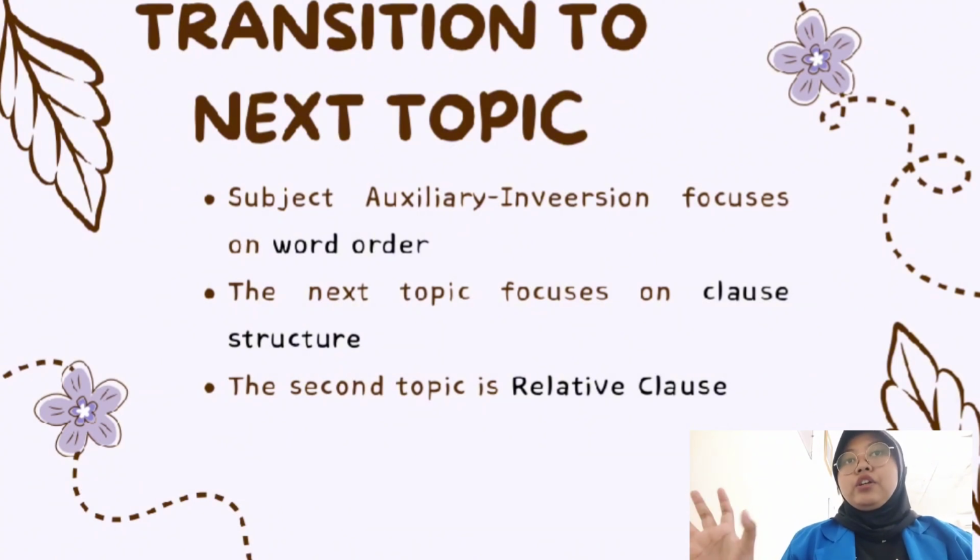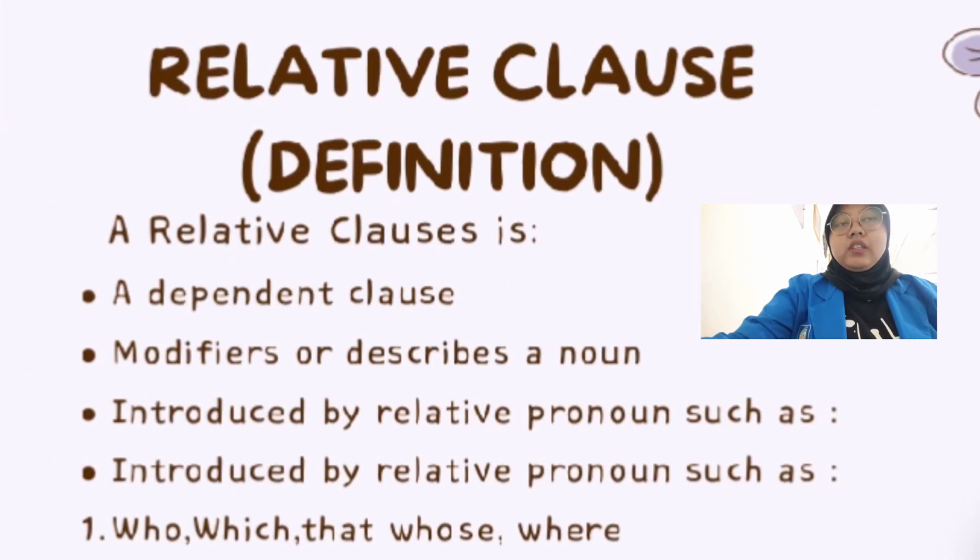The second topic is relative clause. While inversion focuses on sentence order, relative clause focuses on adding information to nouns within a sentence.